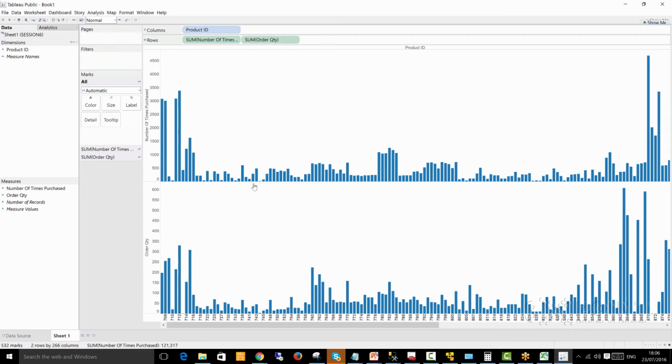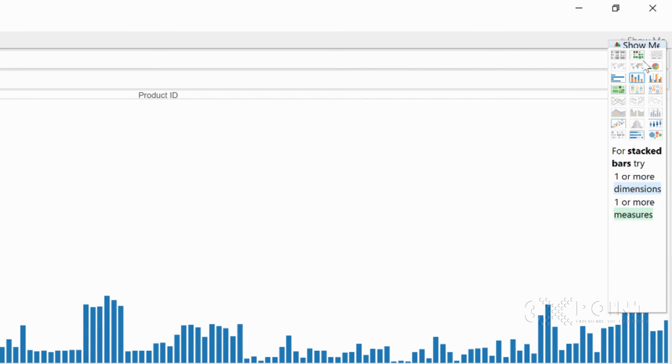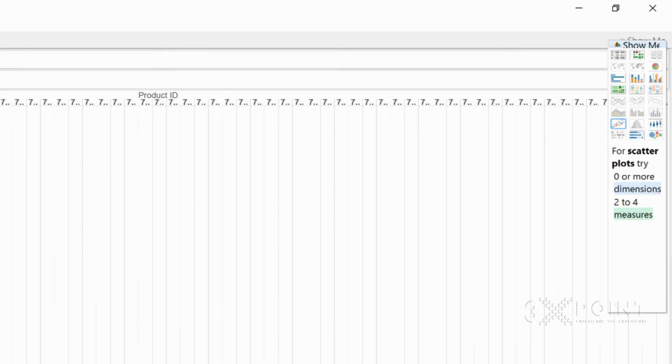And you can start doing your different analysis and say, okay, look at the figures, look at the charts, and if you come to Show Me, you have several options of how you want to present the chart. So let's say, for example, I actually want to see them side by side. I could just click on this one here, and you can see immediately it brings them side by side.